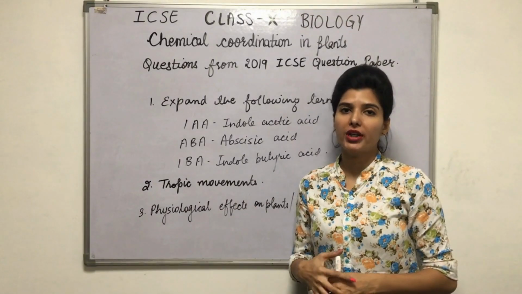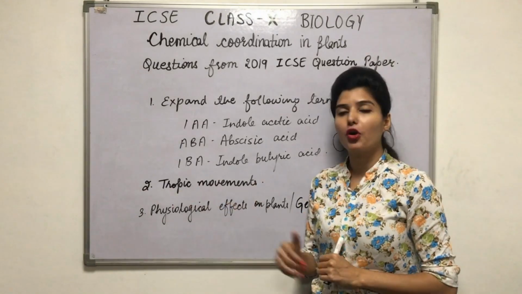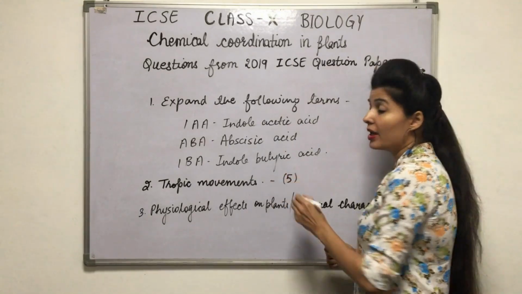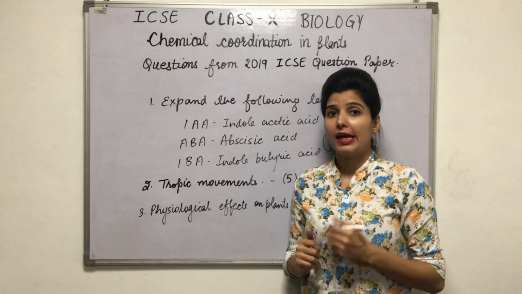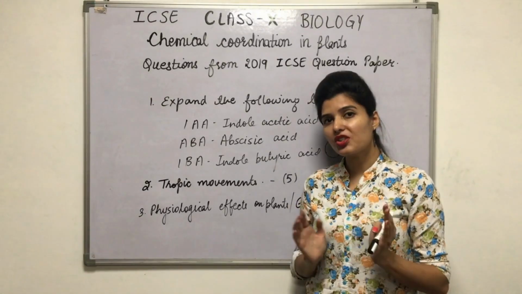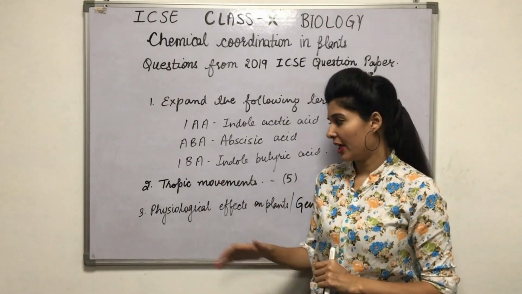The second important topic that was there in the question paper was related to tropic movement. That was a complete 5-mark question in which there was a diagram of seed germination, and related to that 5 questions were asked. So such a kind of question related to tropic movement is expected every time.